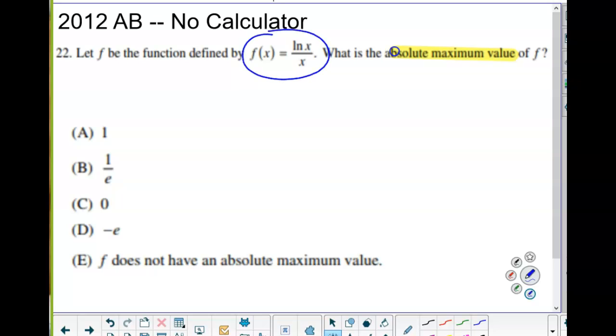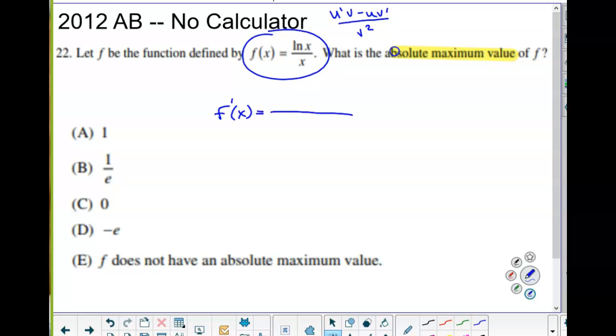So I have to find the derivative, which actually ends up being a quotient rule. We haven't done that in a long time, so we don't forget about the quotient rule. You don't have to show all your individual steps.